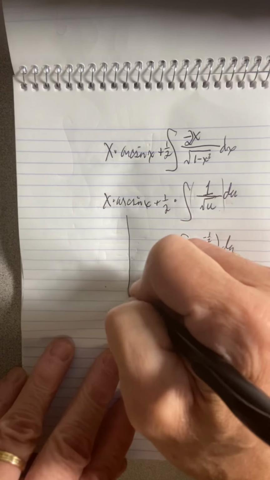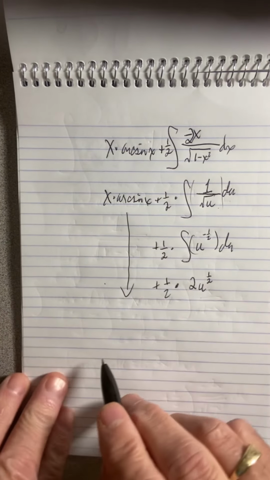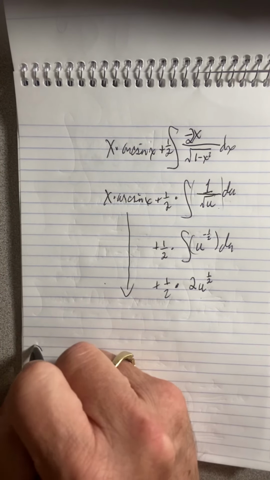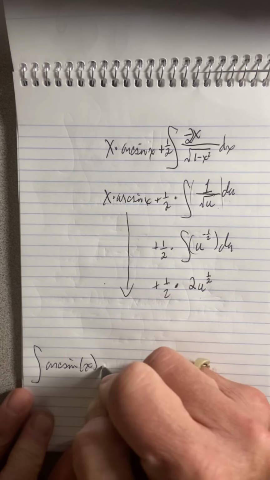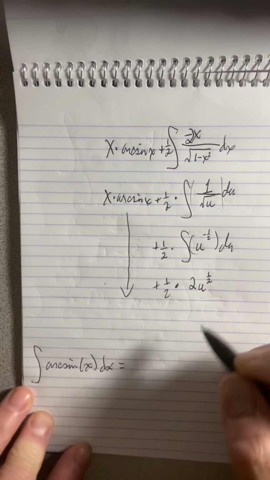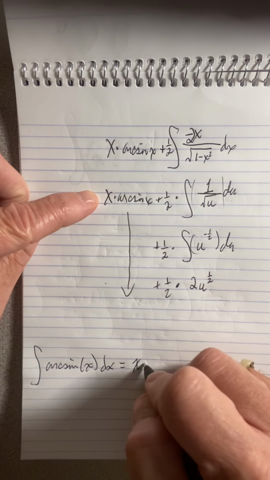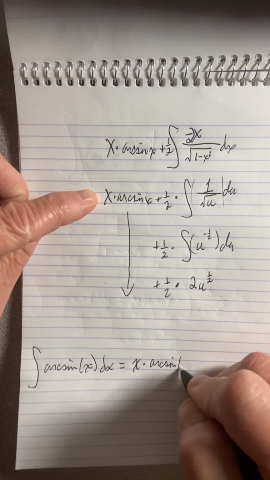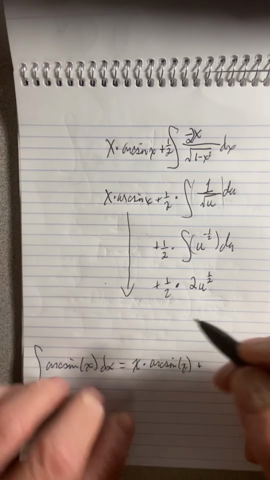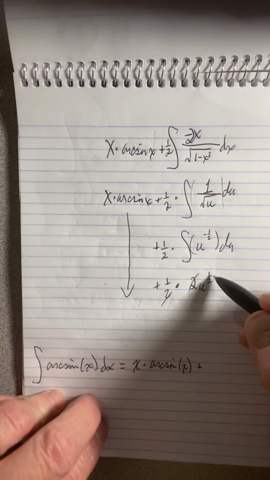And don't forget we still have this down here. But we don't want u. See, we have x's. So remember, we're trying to integrate arc sine of x with respect to x. So we have x times arc sine of x plus 1/2 of 2 goes away, u raised to the 1/2.